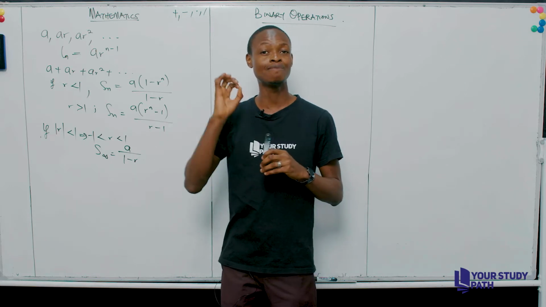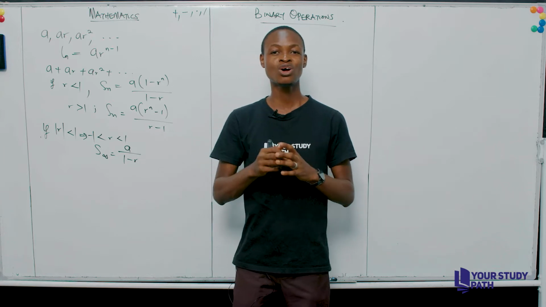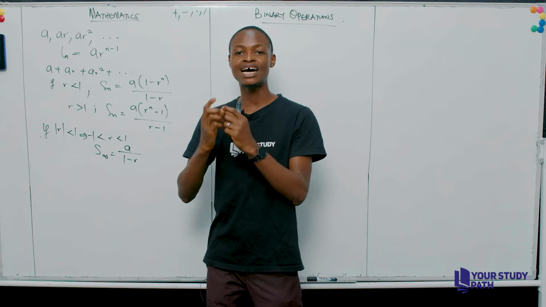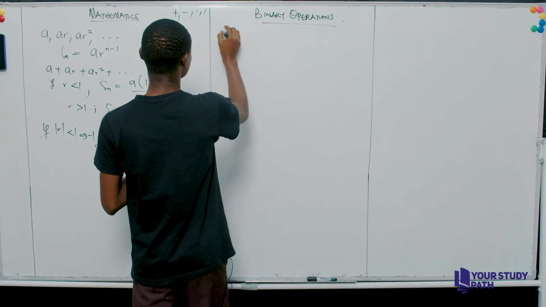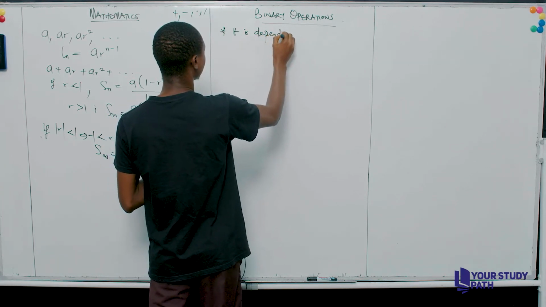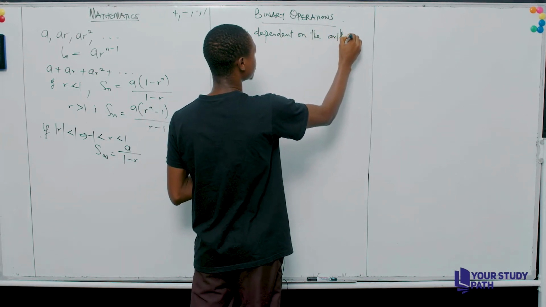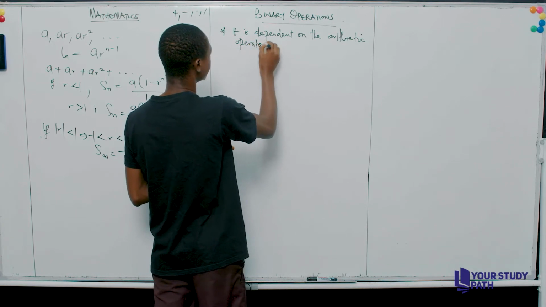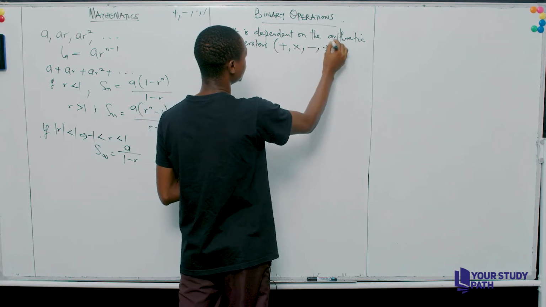Now, what makes it a binary operation? What makes it a binary operation is the presence of a particular definition for that binary operator. So let's list out some stuff. First, we have said it is dependent on the arithmetic operators. So we are talking about the plus, the times, the subtraction, and the division.